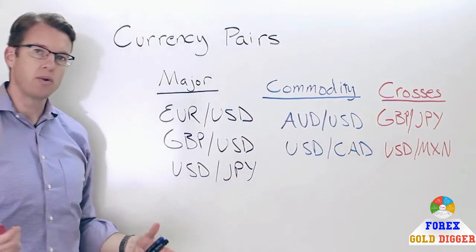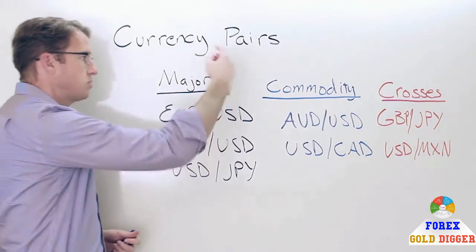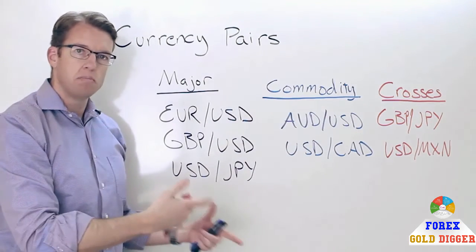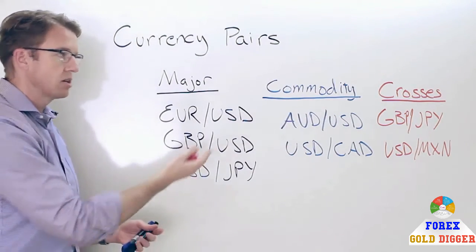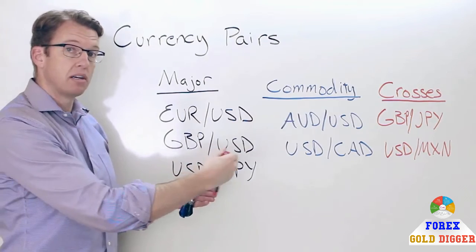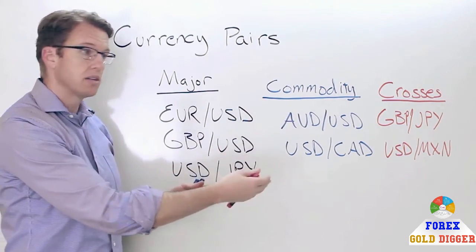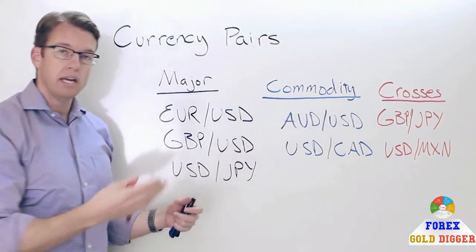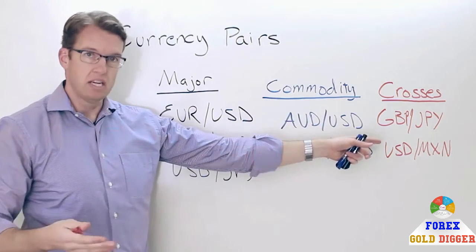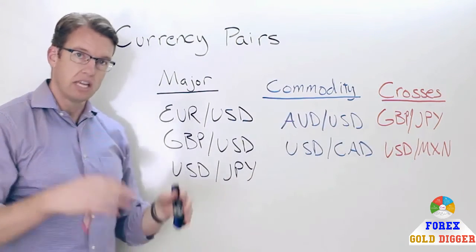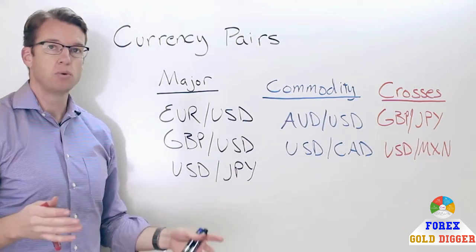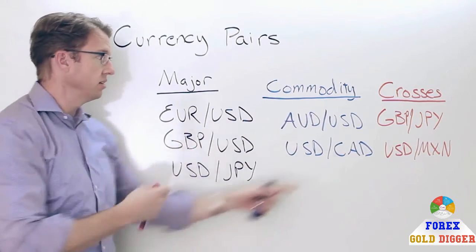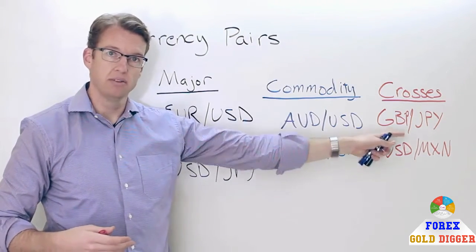Depending on your trading strategy, you have choices about what kind of currency pair you're really looking for: one of the majors, a commodity currency, maybe a commodity currency that falls into the category of a cross or an exotic, or a currency that is not taking advantage of commodity movement, but is just taking advantage of the relative strength between two currencies that does not involve the dollar. For example, here between the pound and the yen.